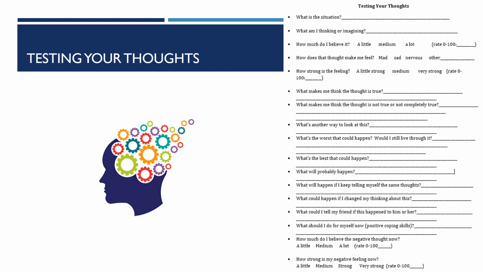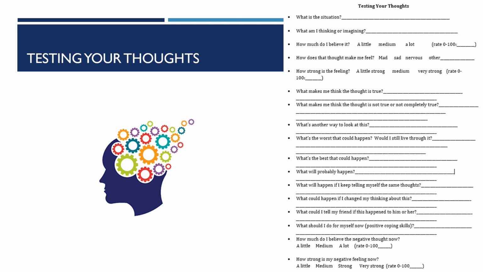So this is the Testing Your Thoughts worksheet. It has the same components. What is the situation, and then what am I thinking? So assessing the automatic thoughts, also assessing the degree of assurance that your clients have about that thought. You could rate it a little, medium, a lot.